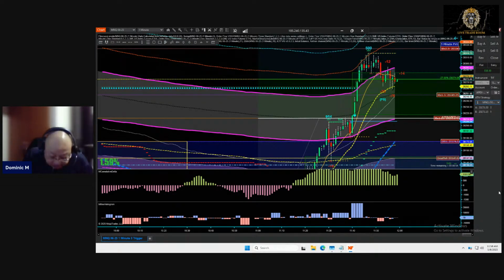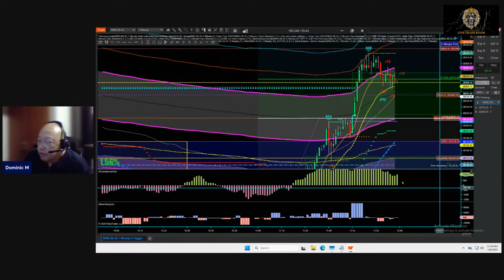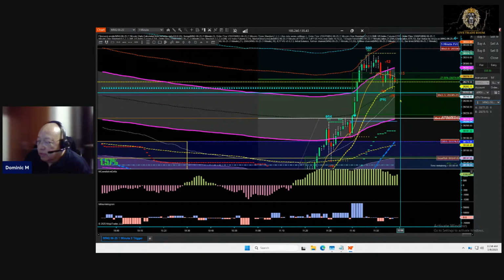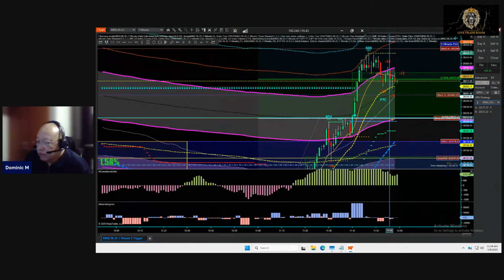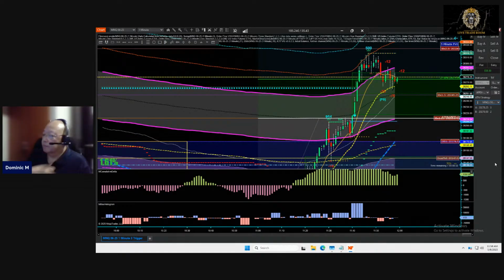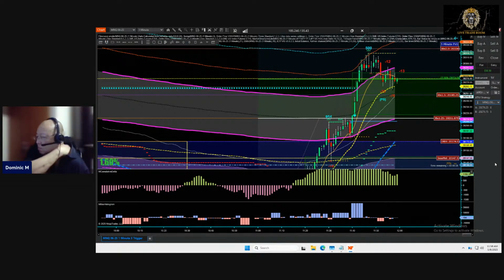Okay, guys, that's it. It's close to noon. I think once it closes below this 21 EMA, I'm going to get into that trade and see if we can get down to here. Again, we'll see what's going on with that. Let's look at where the MACD is in here.